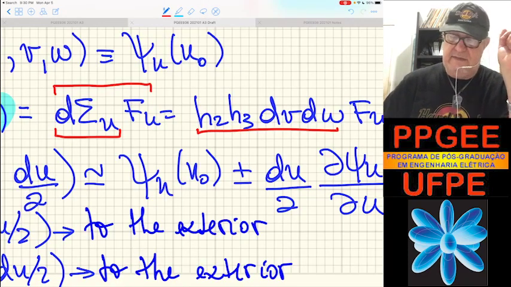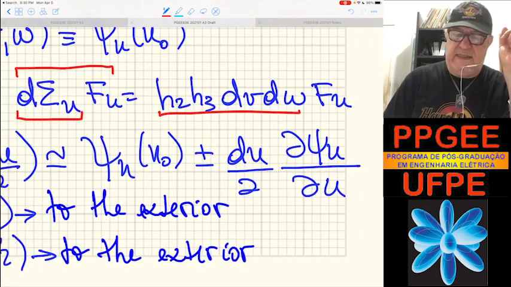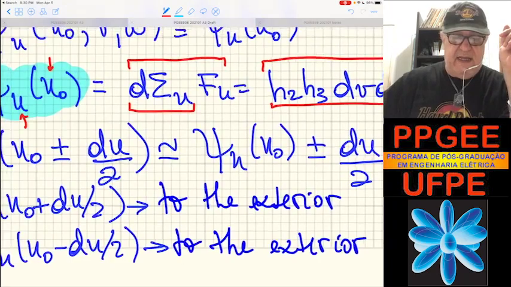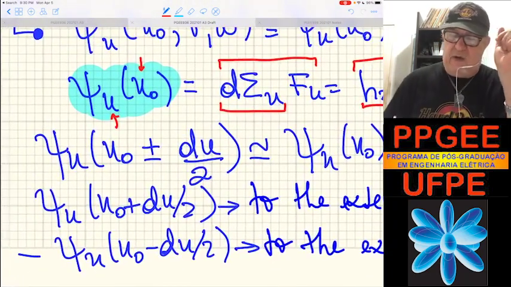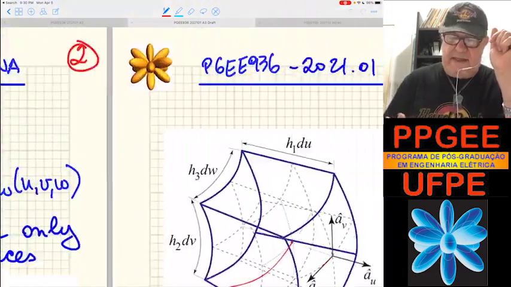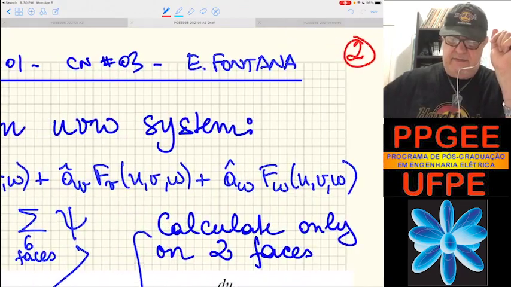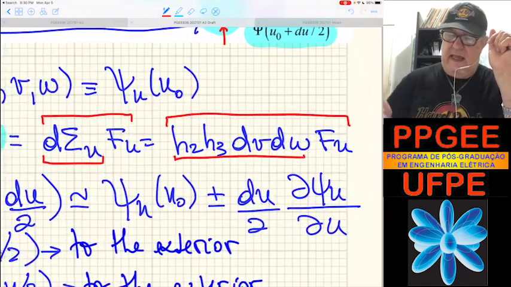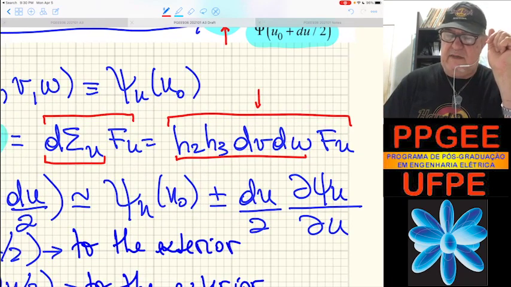That's what it is. So this is the contribution across the central surface. So the flux across the central surface is given by this contribution here.